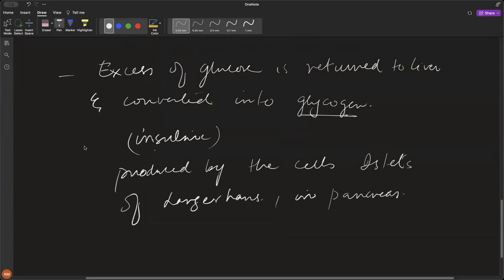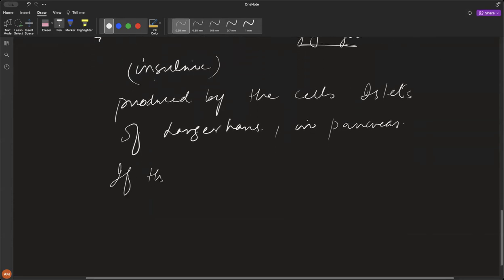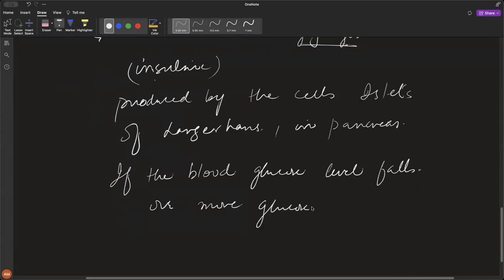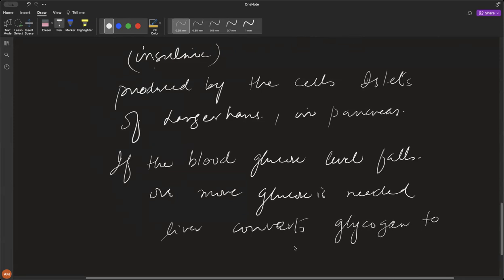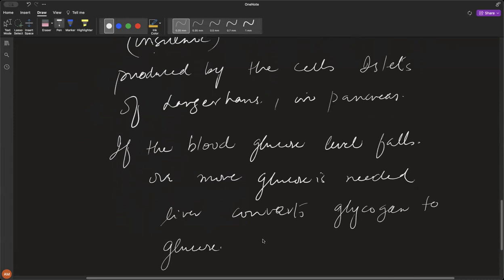So if the blood glucose level falls, or more glucose is needed, the liver converts glycogen to glucose with the help of a hormone that is also released by the pancreas, called glucagon.